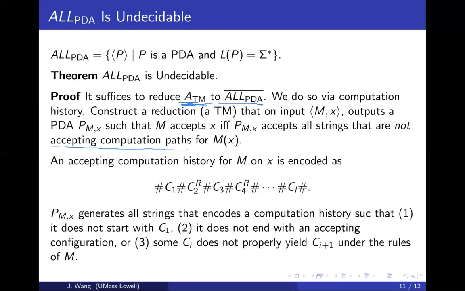This is the initial configuration, and then the next configuration we write in the reverse order, separated by a pound sign, and then C3 is the original and C4 in the reverse order, and so on.